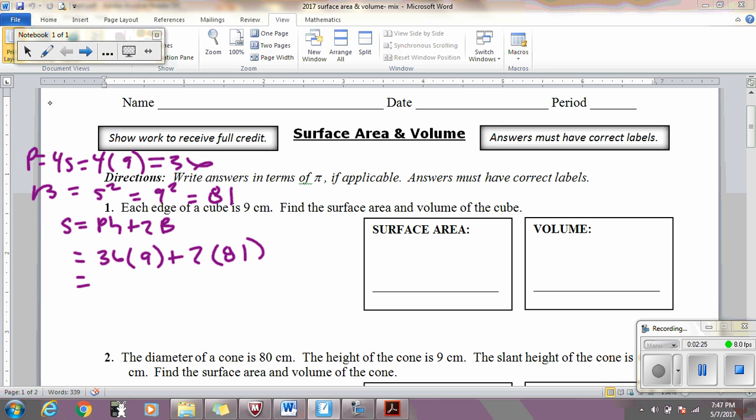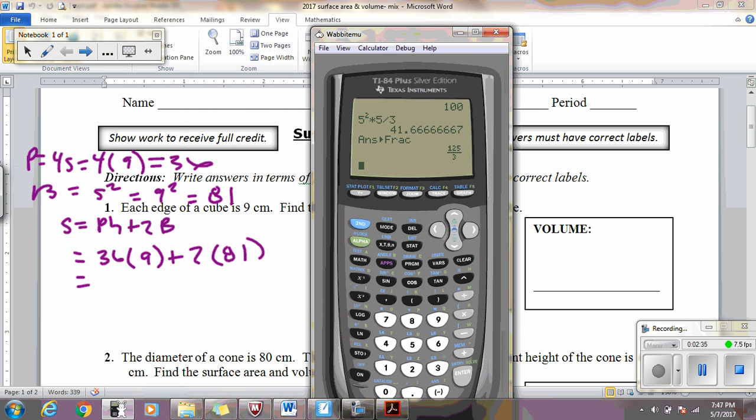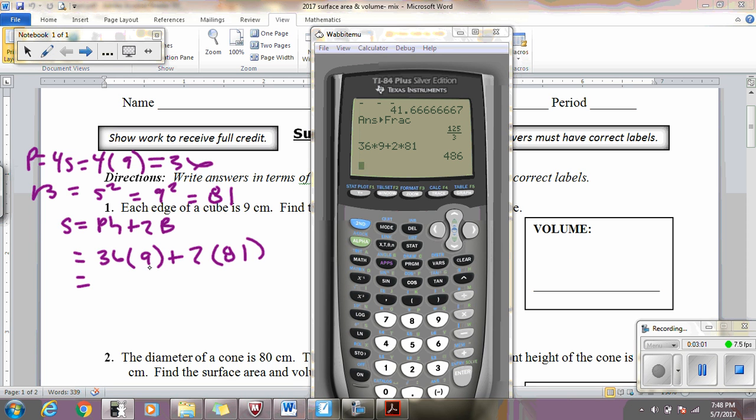So we grab our calculator and we can type all this in one motion. 36 times 9 plus 2 times 81. 486 centimeters squared is our surface area.